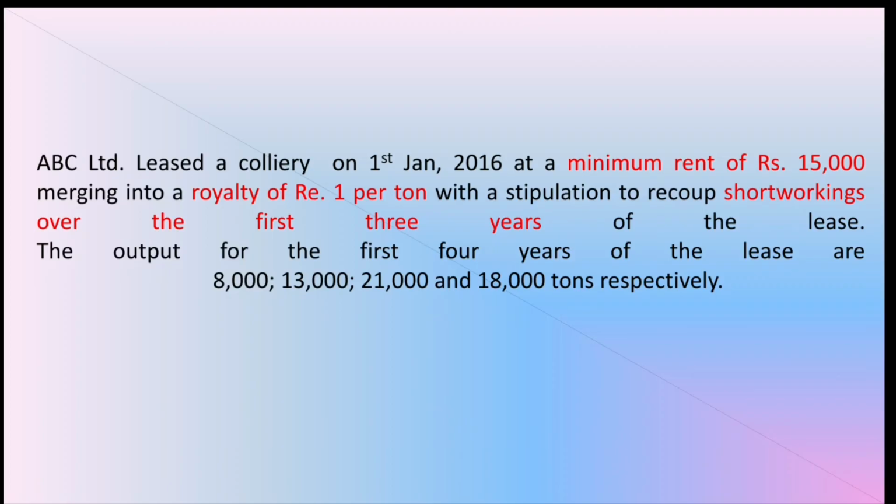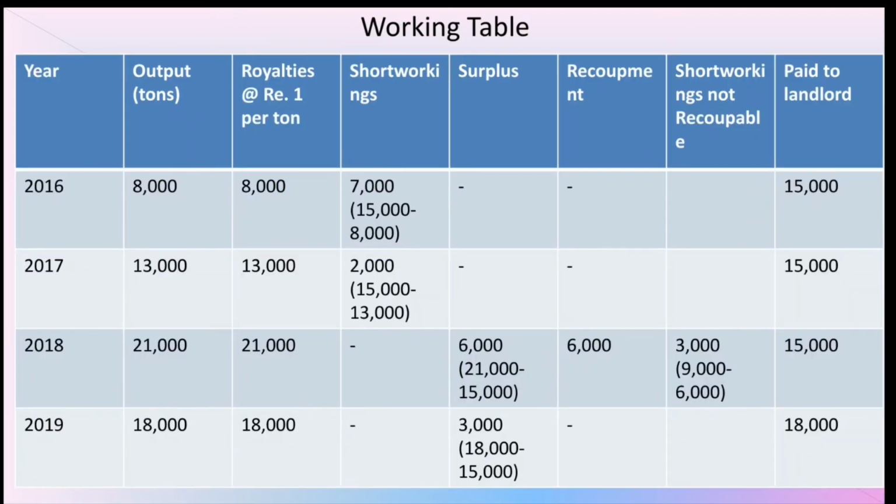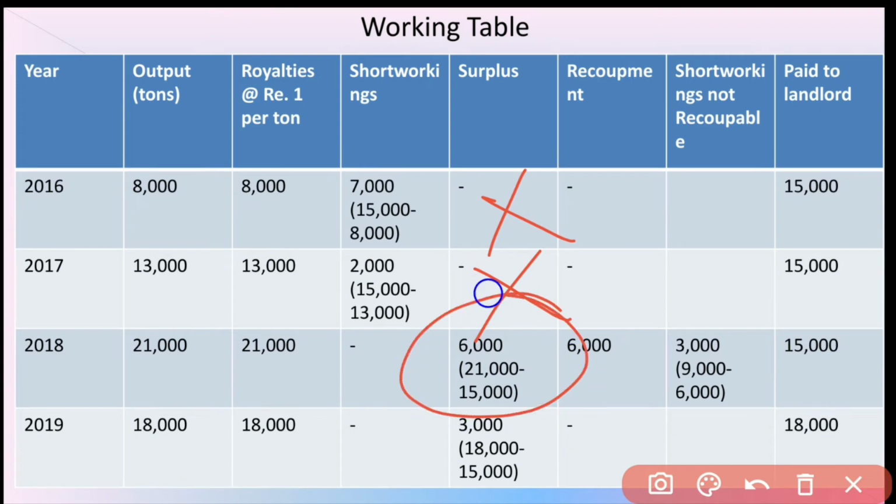Over here in the question, we can see that there's a clause to recoup the short workings for the first 3 years only. Okay, so let's see. In the first 2 years, we have no surplus. However, in the third year, we have the surplus of 6,000, right? So we can recoup 6,000. The lessee can recover only 6,000.